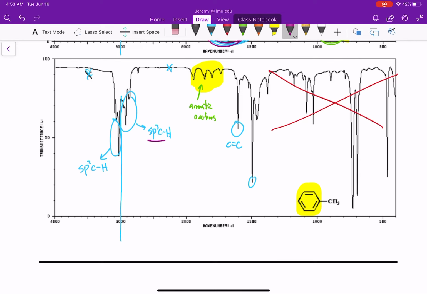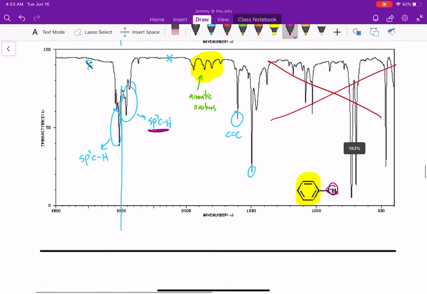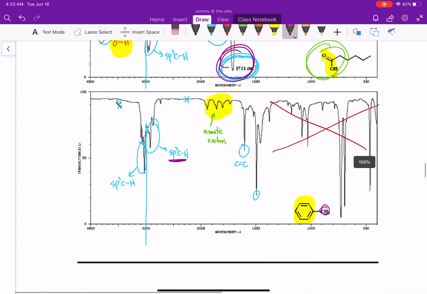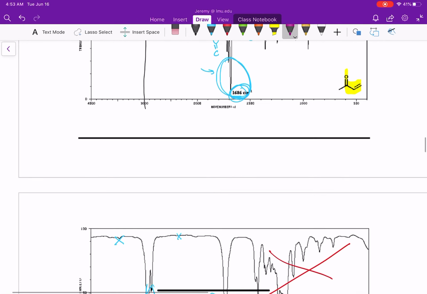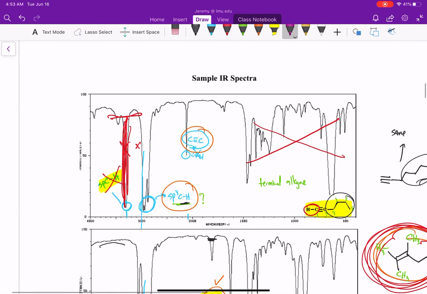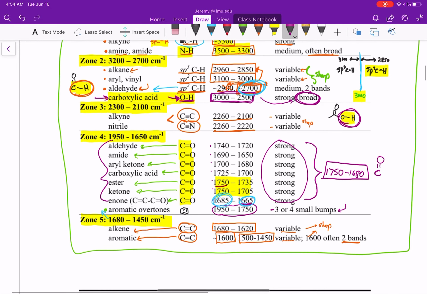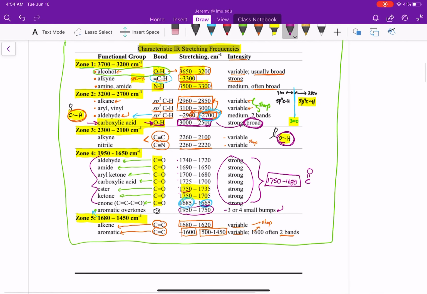And because we have some sp3 C-H's, we have to have some sort of alkyl group coming off that. So that is basically an introduction to infrared spectroscopy. It's important that you know the table, so it's important for us to know this table, analyze this by the basic zones, and then we saw examples of the key functional groups we need to look at.